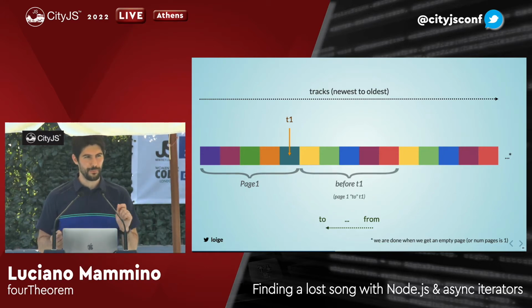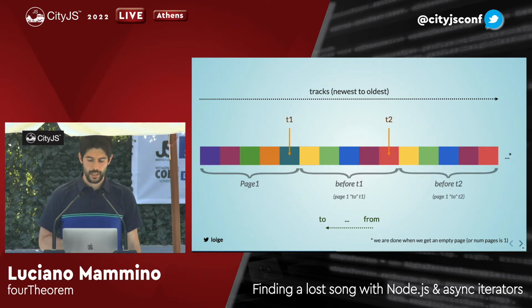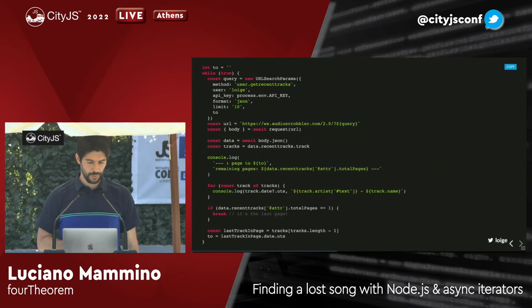It's a little bit confusing because we are using to and not from, but keep in mind that the data is in reverse order. We have the newest data first and the oldest last. So that's why from and to might be a little bit confusing. We can keep doing this and visit every page until we get to the point where there is no next page. If you go to the next page, the remaining number of pages is 0. So let's update the code to do that.